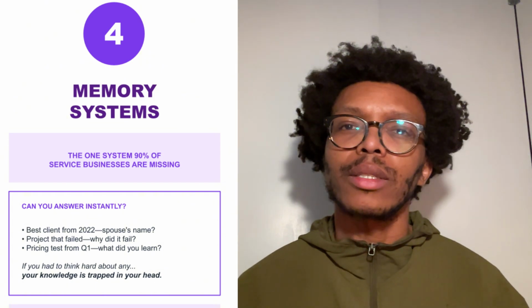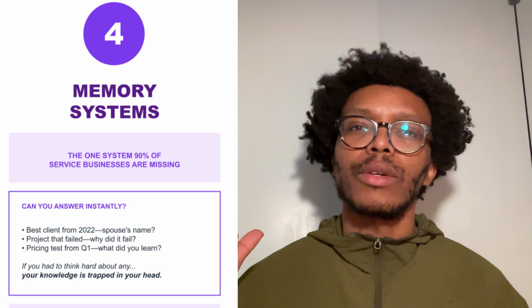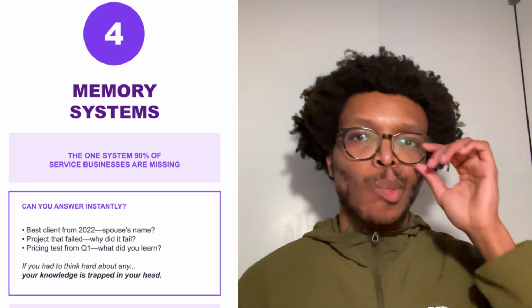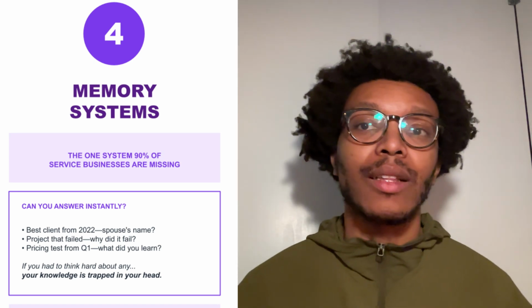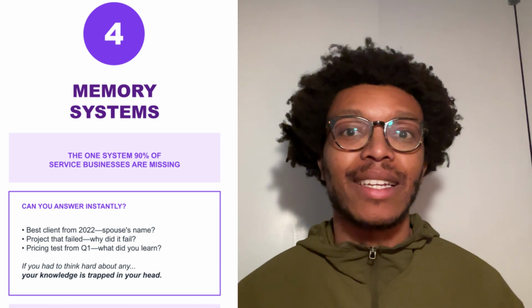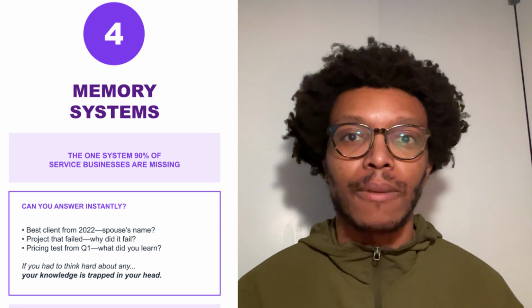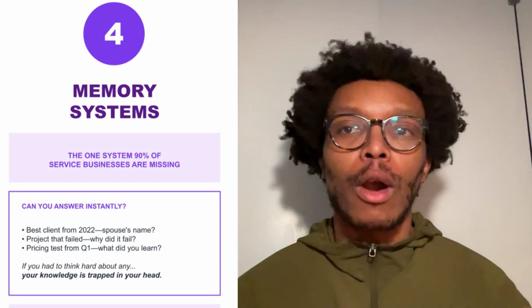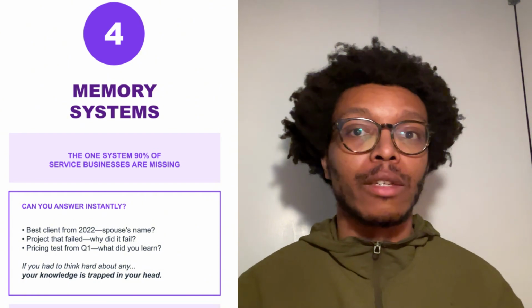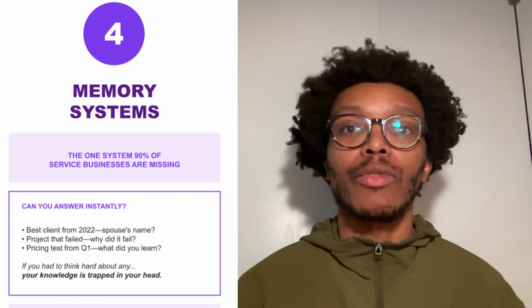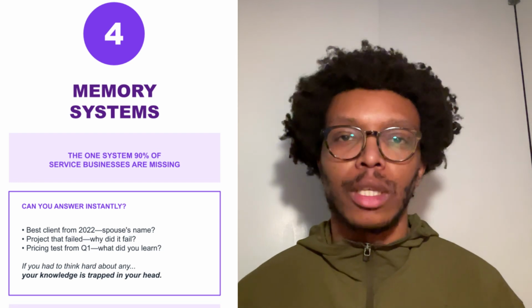That pricing test that you ran Q3 of last year, what did you learn from it? If you had to think hard about any of those questions, then your knowledge is trapped in your head and degrading as we speak. That would mean you are the memory system, and that's a problem because if you were to leave the company, leave the country, leave the room, then your memory leaves.